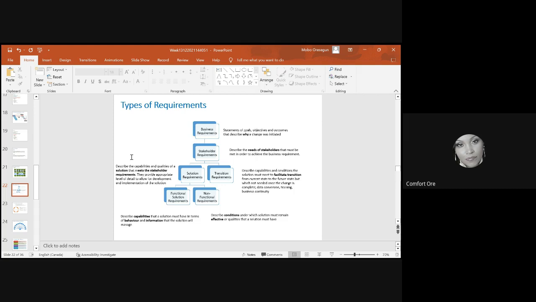So we're looking at how the solution will be performing, what the solution will be performing. And then again, every solution that we're providing has to feed back to what the requirements at the top are. So, like I said, as a BA, we don't go providing solutions on our own.